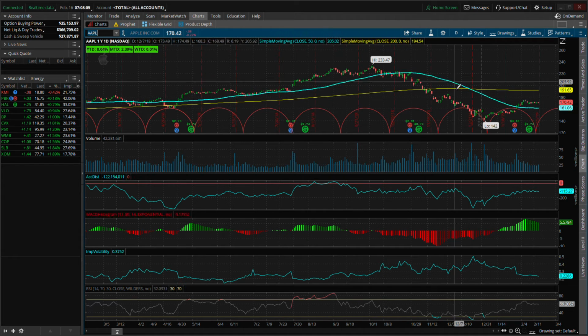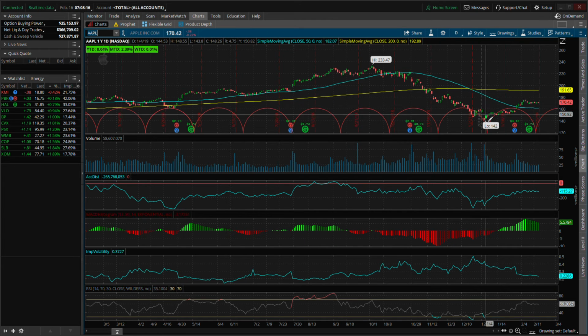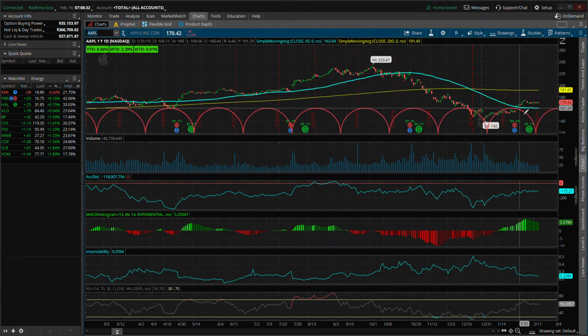So you can see here when the death cross happened, everybody thought, oh, the world is going to come to an end. But it actually showed a good amount of downside, like $20 or $30 for Apple stock. That's huge. It went down from 165 to 140-ish. So now a lot of the damage is undone, right?